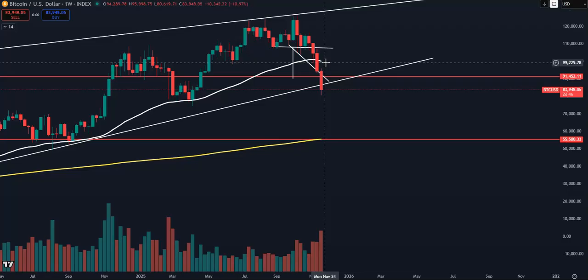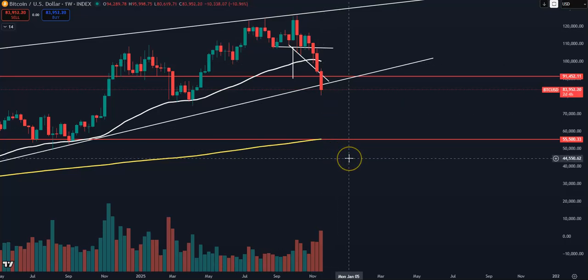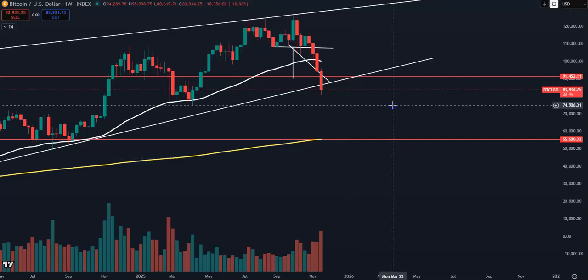And at that point, I will liquidate the rest of my assets, and then I will start to open my short positions and ride it all the way back down to the 200 moving average, which is probably going to end up being around the 65 to $70,000 range. So that's my position.